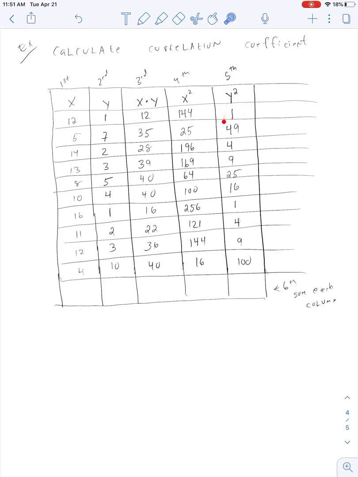All you're doing is adding all of these numbers up. We add all of those numbers, and we get 218. So we sum every one.